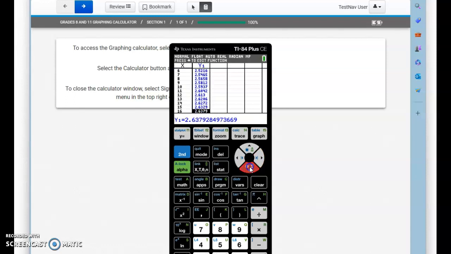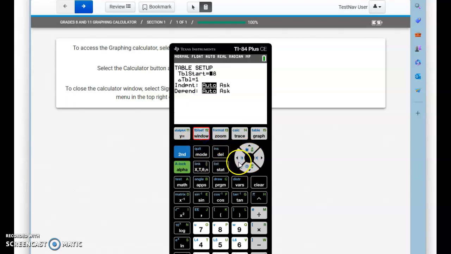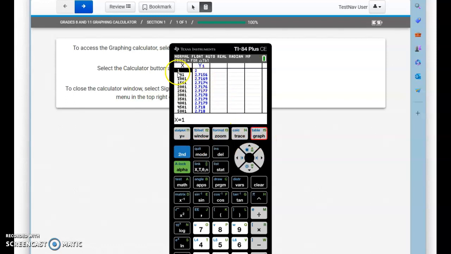But the larger it gets, now I think what I'm going to do is actually change my table a little bit. So let's start the table at 1. But let's put my change in table at 500. This is by hitting the window button, I can change what the table looks like. So it's going to jump by 500.